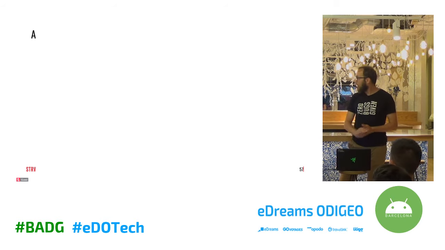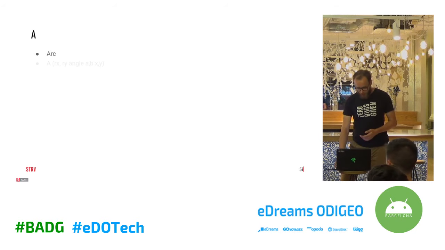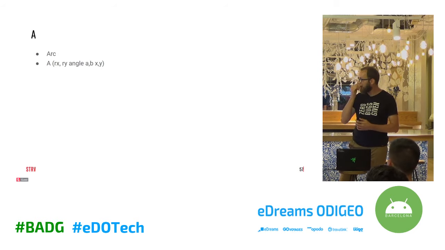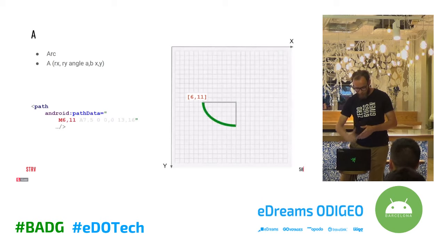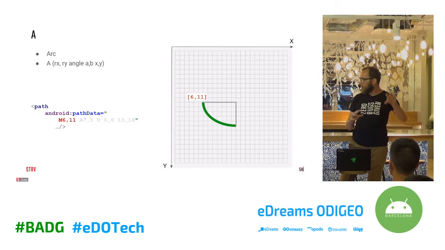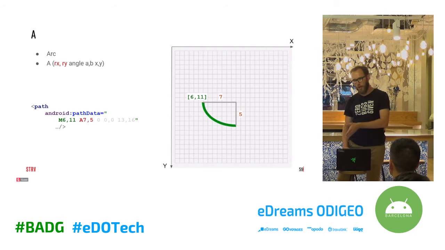And now the last command to talk about is the arc, and it is a rather interesting signature. Let me show it on an example once again. So we start at a point, and then we define the radiuses along the x-axis and along the y-axis.